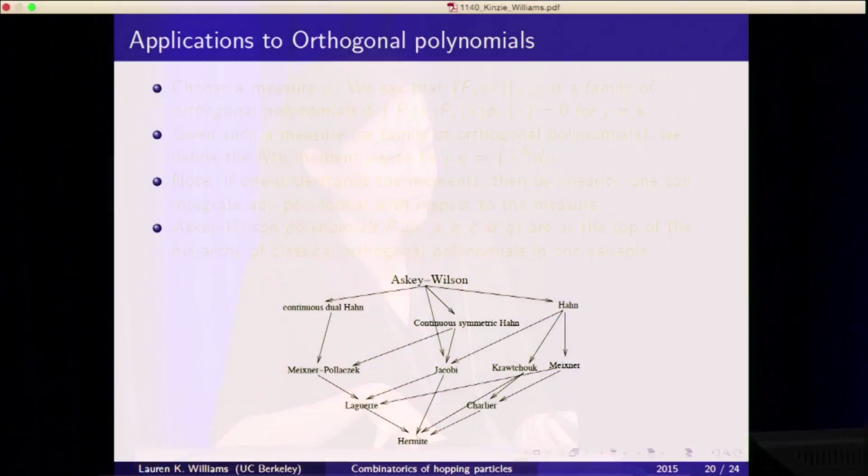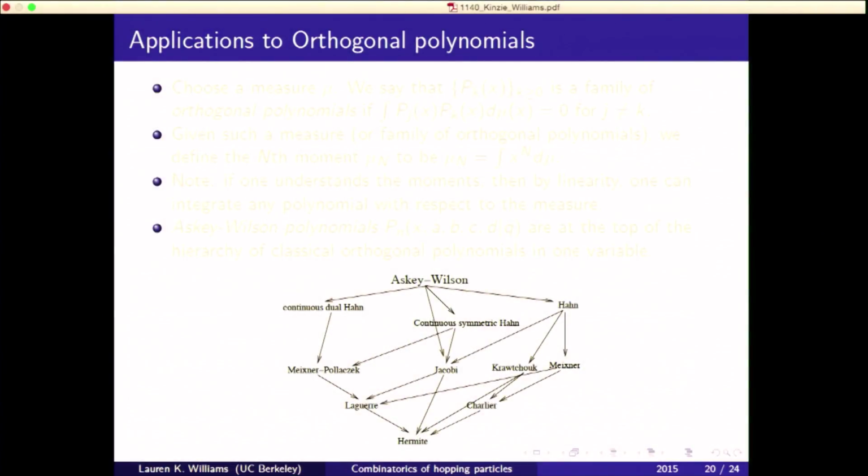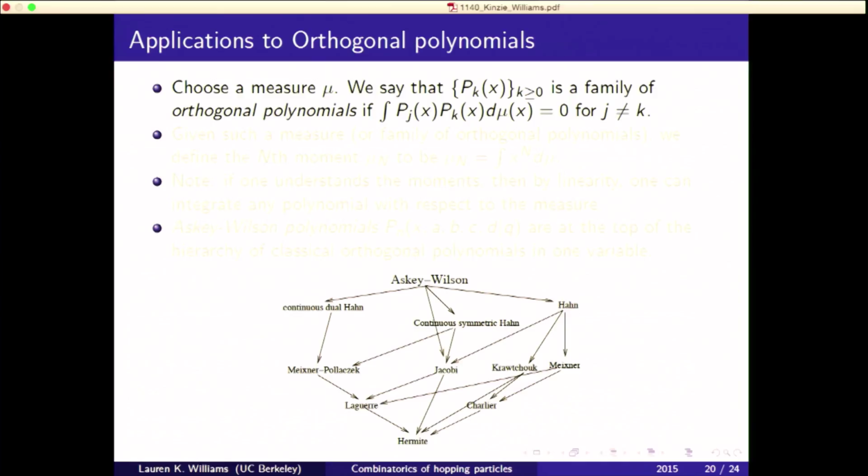Okay, so now I want to mention a completely different connection, which is to orthogonal polynomials. Let me just remind people what orthogonal polynomials are. Let's choose some measure mu, and we say that some family of polynomials, p sub k of x, is orthogonal if, when you integrate the product of two different ones against the measure, you get 0.